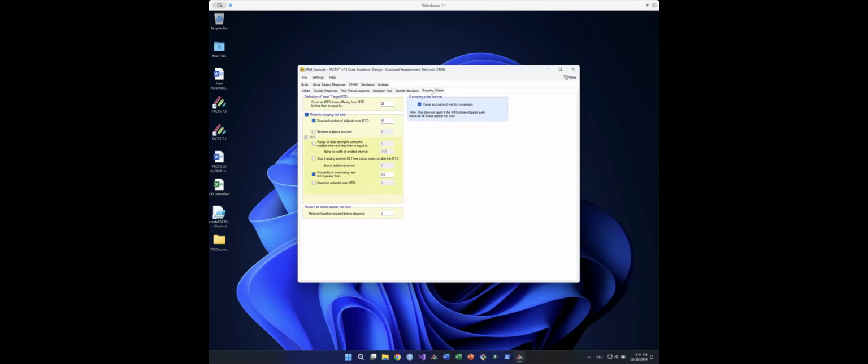Then the last tab before we get to the simulations is the stopping criteria tab, where I talked about this before. We consider doses that are 25 milligrams above or below to be near. And we would be happy to stop the trial early if we've got 18 patients near the MTD. Meaning if at any given point in time, we believe that dose 6 is the MTD, and we've got 6 patients on dose 6, 6 patients on dose 7, and 6 patients on dose 5, that means we've got 18 patients near the MTD, and then we'd be happy to stop.